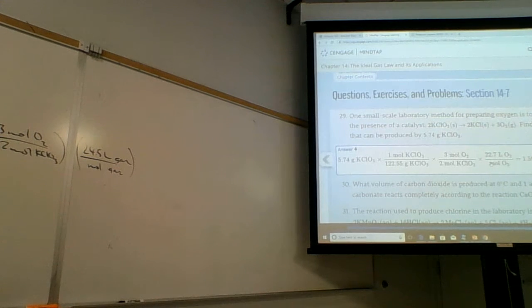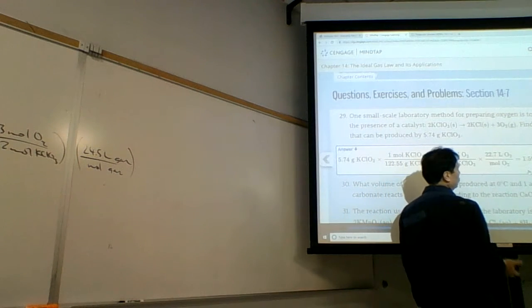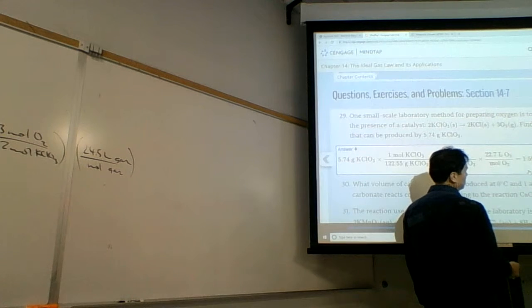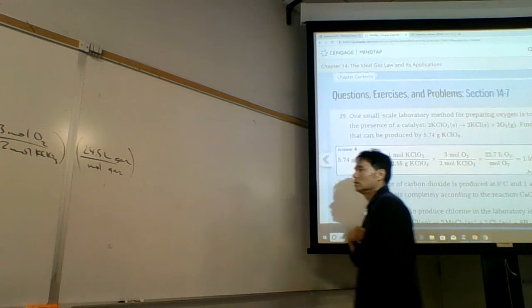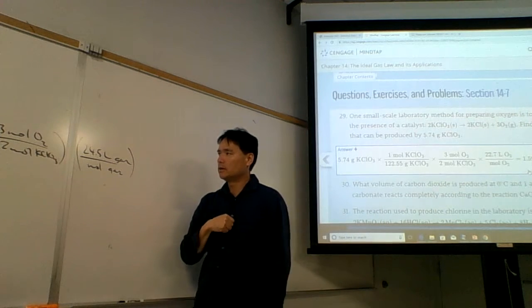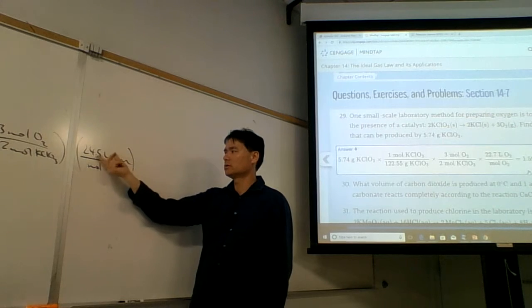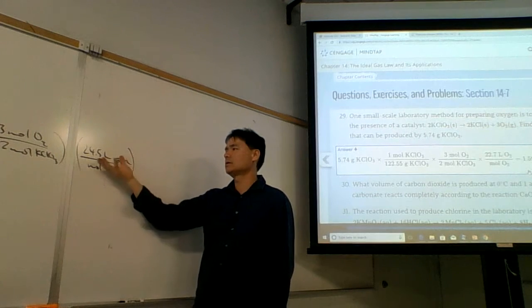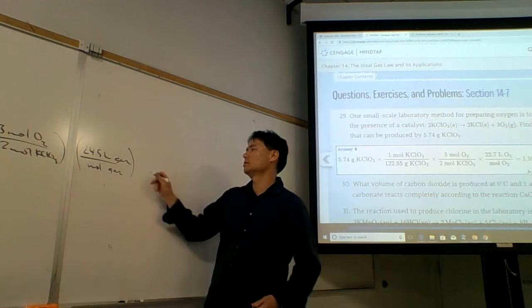This is not the answer because they're doing it at STP. STP has a different molar volume because it's a lot colder, and the pressure is slightly different because it's 1 bar, but they get 22.7 liters. Ours is a lot warmer because ours is at room temperature rather than freezing temperature, and so the gas is going to occupy a greater volume. So ours is going to be a little different.